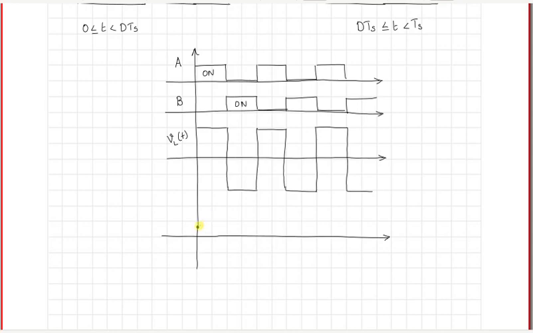When the voltage across it is positive, the current will increase with a positive slope, and when the voltage is negative, it will decrease, and at the end of one switching cycle it will come back to the same current value from where it started. So this is the waveform of iL(t), and that is the way this waveform would appear.